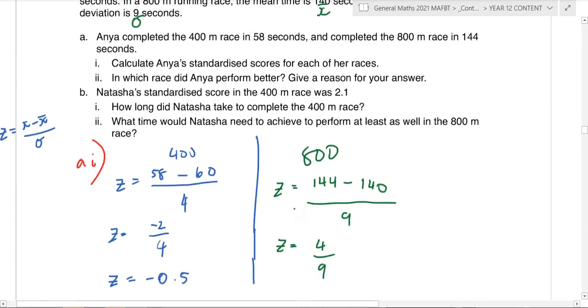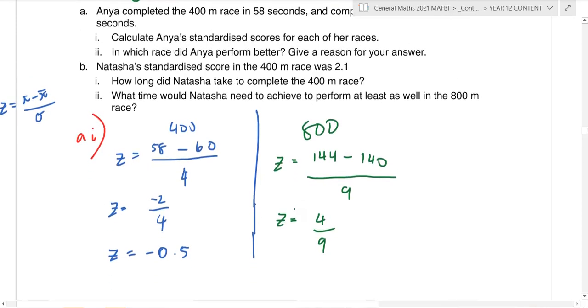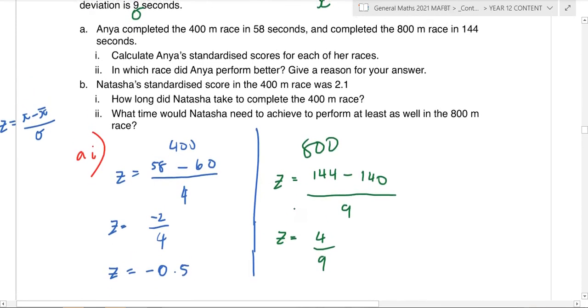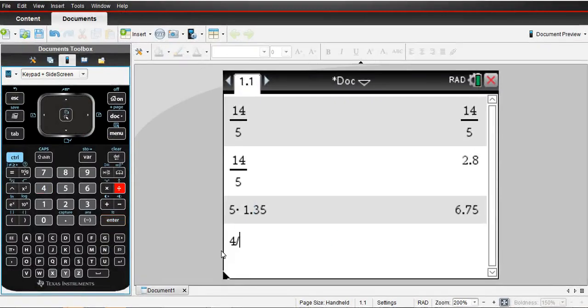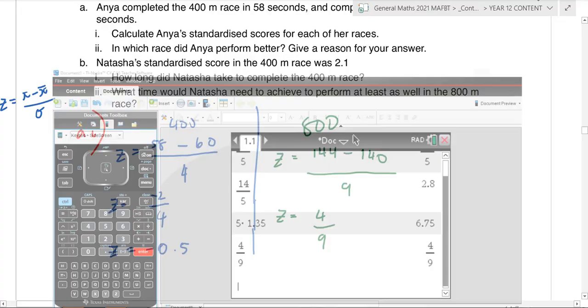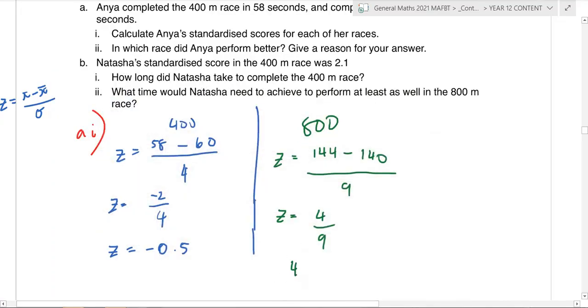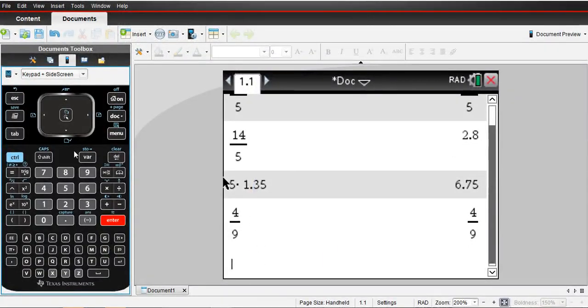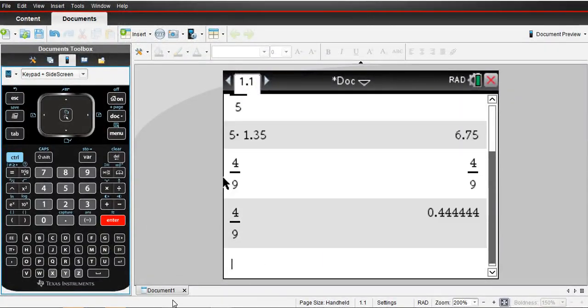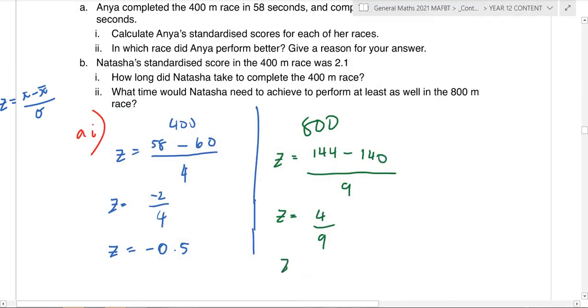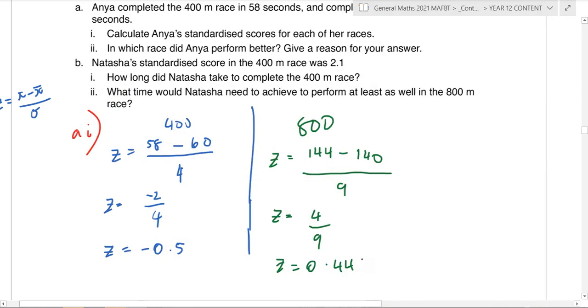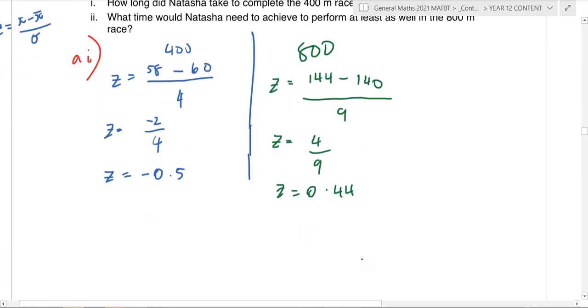So as an actual Z score, I can't do that in my head, but let's use my calculator. 4 divided by 9 equals 0.44. Z score of 0.44.